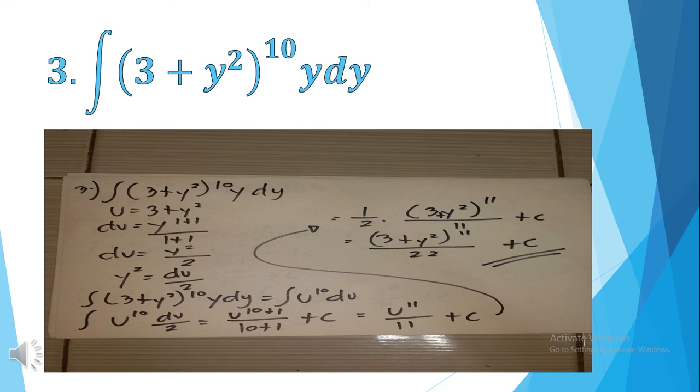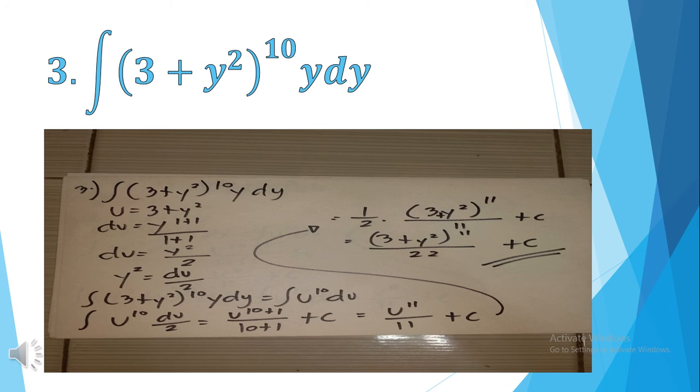Next, the integral of u to the power of 10 du is equal to u to the power of 10 plus 1 all over 10 plus 1 plus c. So 10 plus 1 is equal to 11. So it is equal to u to the power of 11 over 11 plus c. Next is one half. One half comes from the du over 2. So one half multiplied by u to the power of 11 over 11 plus c.